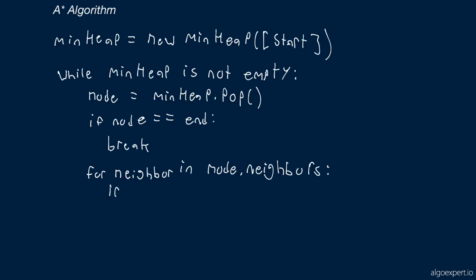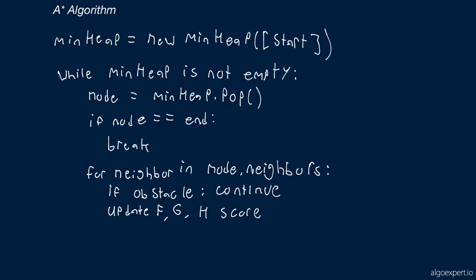So we'll say if obstacle, and then we will simply continue. We can just skip that node. And then if it is not an obstacle, we will check and see if we should update the F, G, and H score. So I'll simply write here, update F, G, and H score.